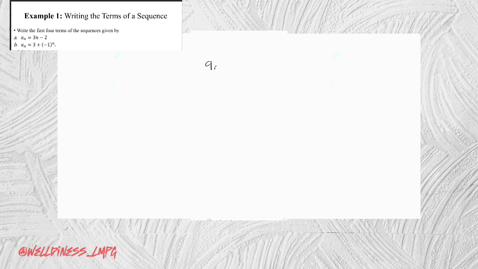So back to the A example, we are told to solve an is equal to 3n minus 2. So this is under writing the terms of a sequence, and it's actually very easy. Since we are asked to look for the first four terms, all we have to do is substitute 1, 2, 3, 4 into n, and you are going to arrive at the first four terms of the sequence.